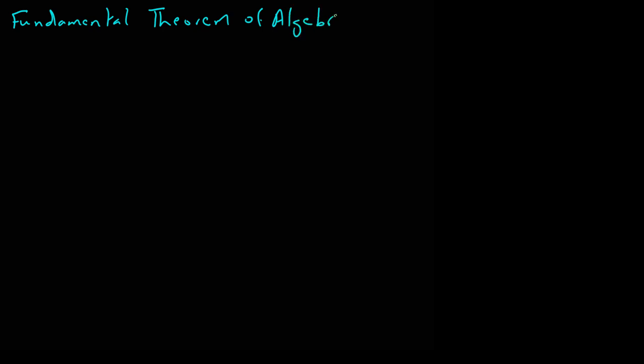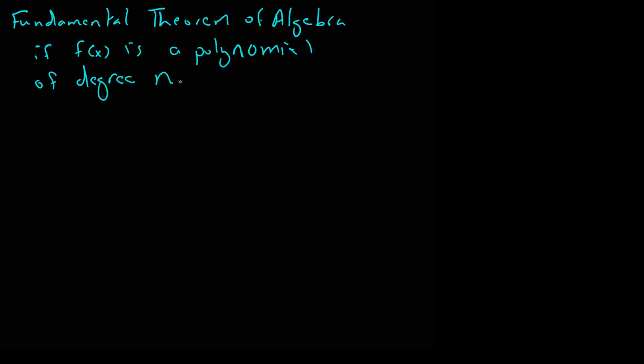What this is saying is that if f of x is a polynomial of degree n, with n greater than or equal to 1, so it's not a constant, then f of x has at least one complex zero.